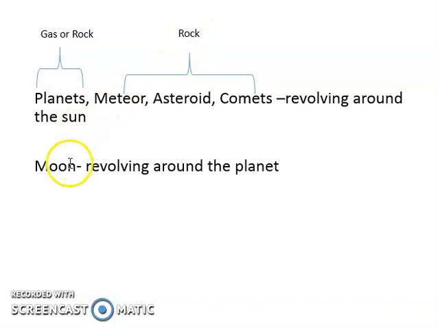Okay? What is the difference of these four to a moon? A moon is rock. It has a rocky surface. But it is revolving around a planet. Okay? So that is the summary of this topic.